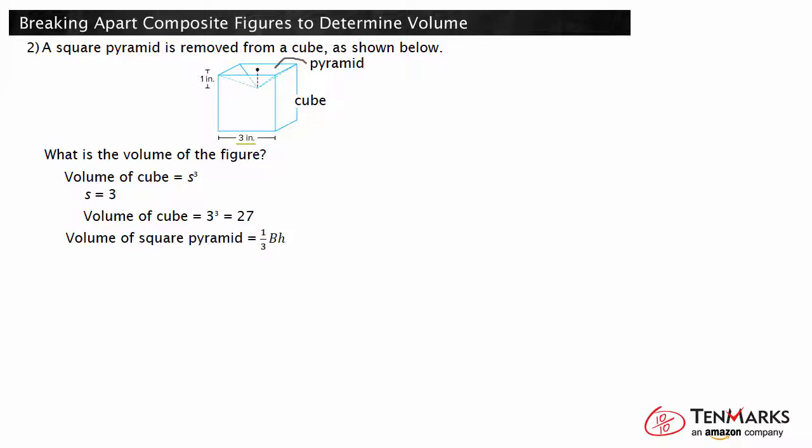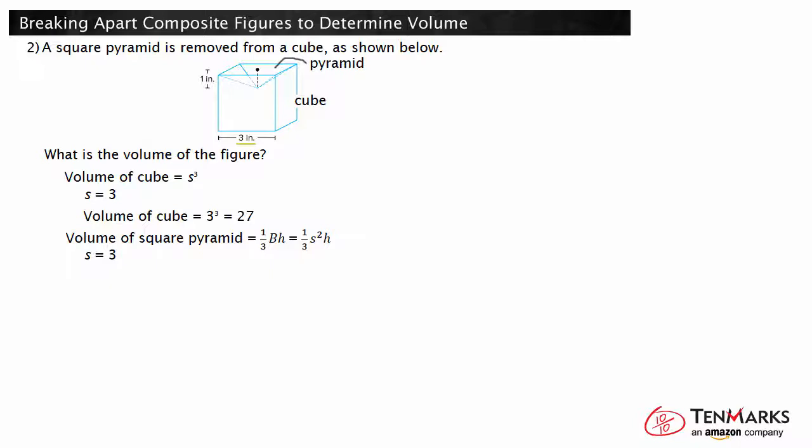The volume of a pyramid is 1/3 b h, where b is the area of the base and h is the height. In this case, the base is a square, so the area of the base is s squared, where s is the side length of the square base. Because the base of the pyramid is the same as the base of the cube, it follows that s is 3.